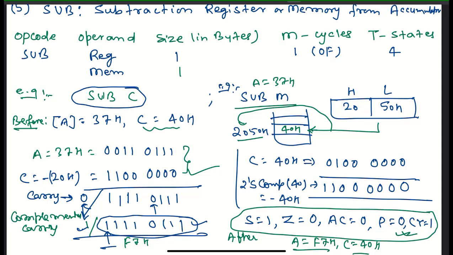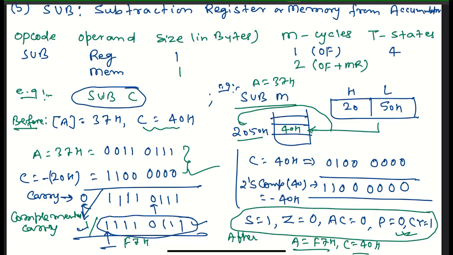We have seen the first machine cycle, called the opcode fetch machine cycle, and the second is how it reads data from memory, which is called the second machine cycle. So in total it will have two machine cycles, one called opcode fetch and the second called memory read.